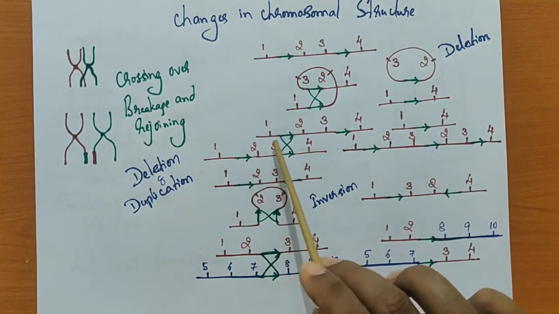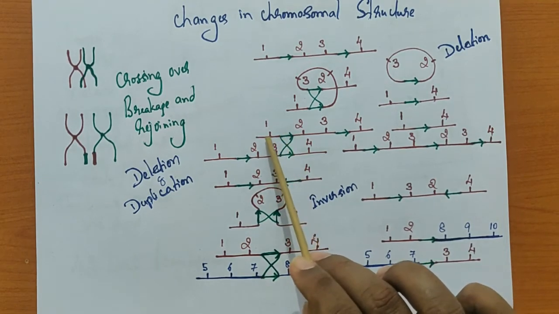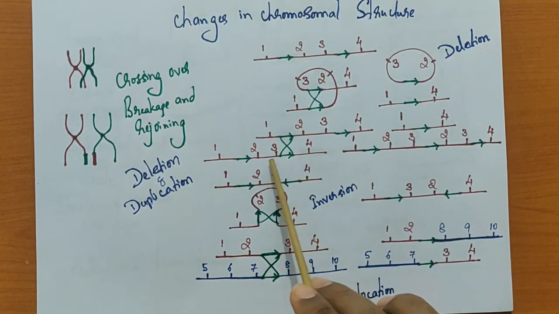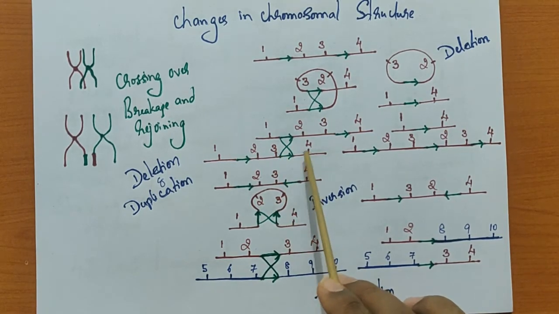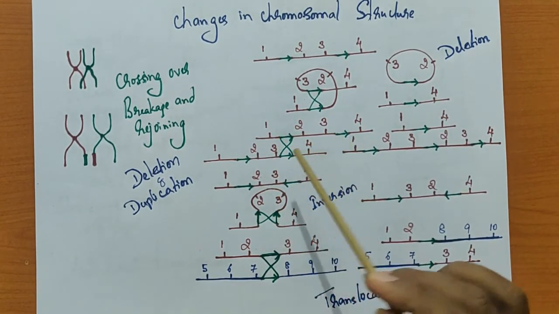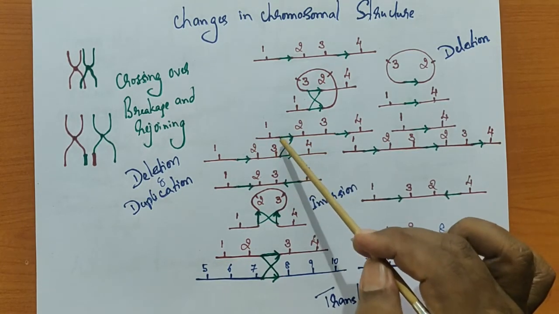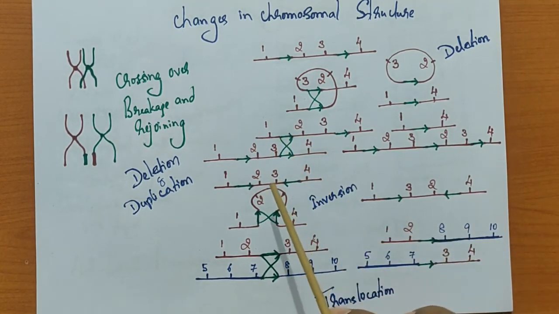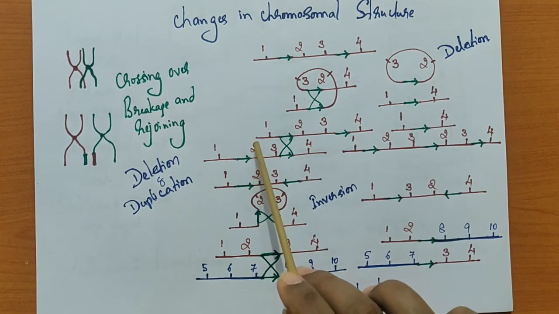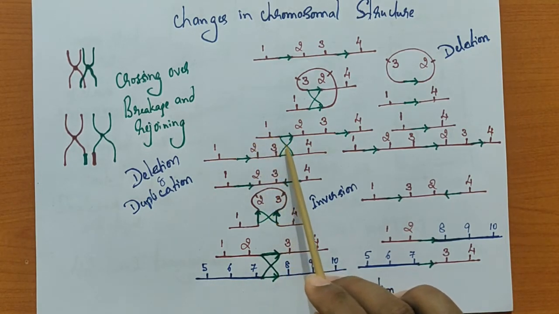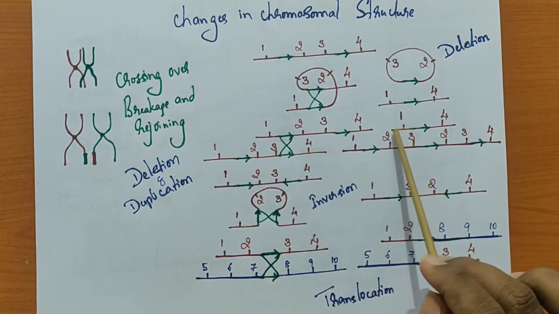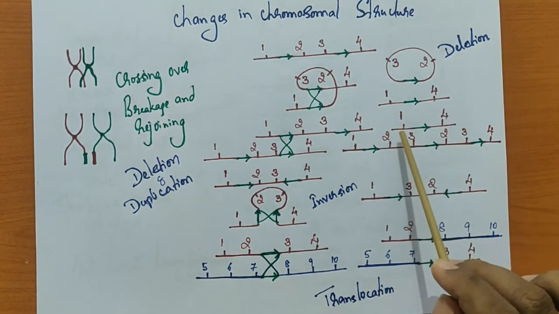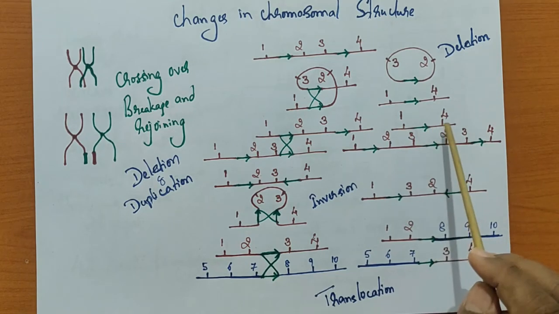So assuming that this repetitive unit between 1 and 2 will pair with the one between 3 and 4. Now if a crossing over happens in this region, this 1 will combine with 4. So we are going to have a smaller DNA with genes 1 and 4.